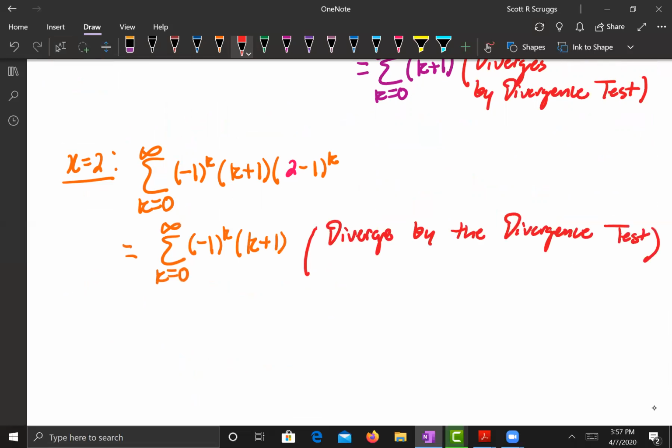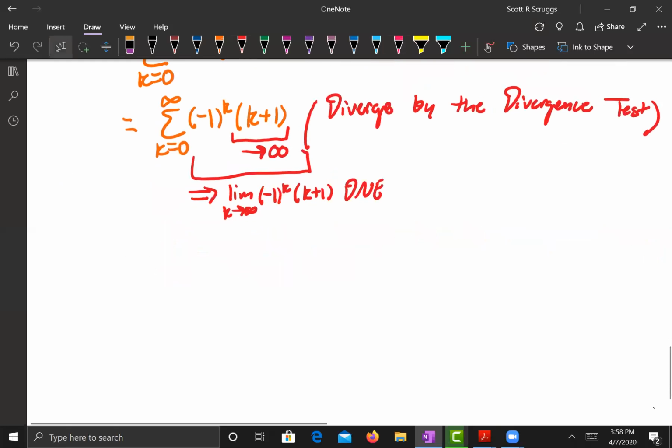The reason why, we talked about before, that guy's going to infinity, not to 0. And because of that -1 to the k power, I'm going to oscillate back and forth on the x-axis. So that implies the limit as k goes to infinity of -1 to the kth power times k plus 1 is DNE.